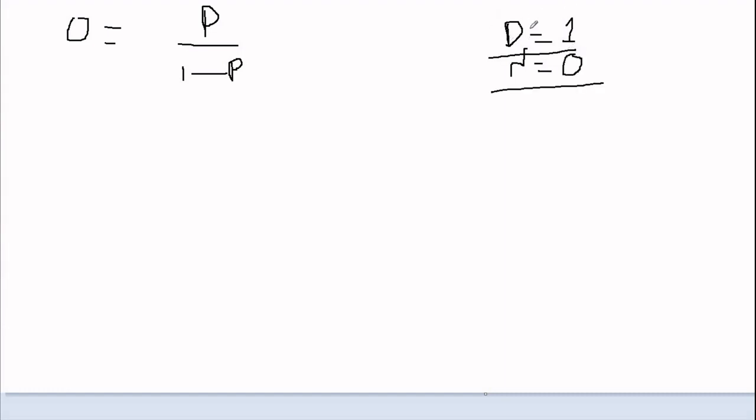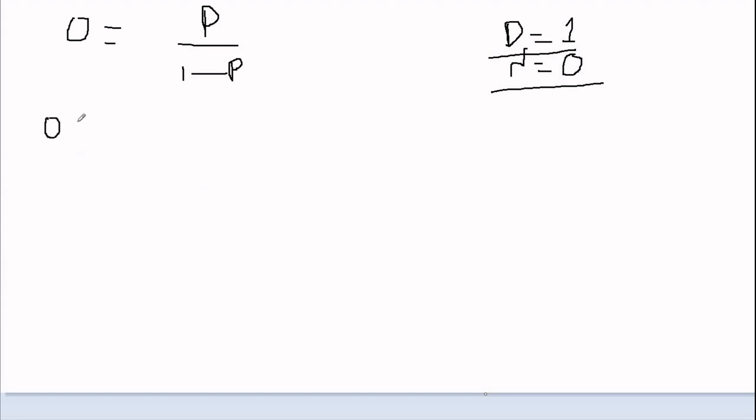Now here we said odds equal to P upon 1 minus P. Yeah. So here we are predicting what are the odds that the patient is diabetic. Here diabetic is classified as 1, non-diabetic is classified as 0. So we are predicting what are the odds that the person is diabetic.